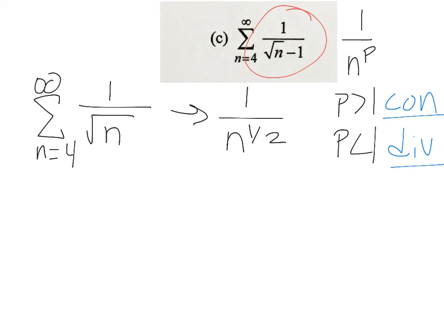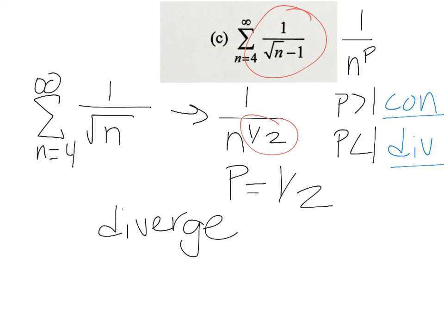If we look at our problem, we're left with 1 over n to the 1/2, so this time p equals 1/2, which is less than 1. So we know that this form of the series, 1 over root n, is going to diverge. Using our direct comparison test, we can go back to our initial problem, 1 over root n minus 1, and conclude that it's also going to diverge.